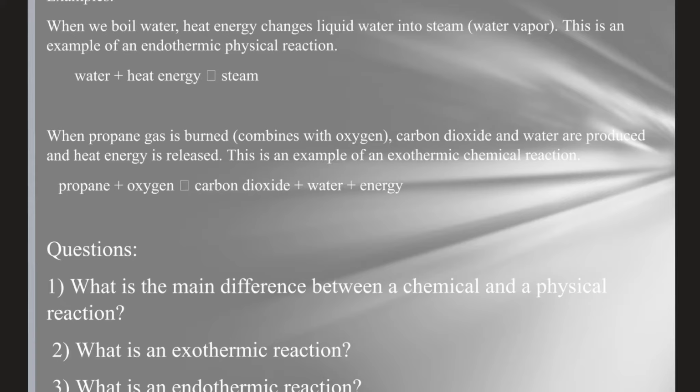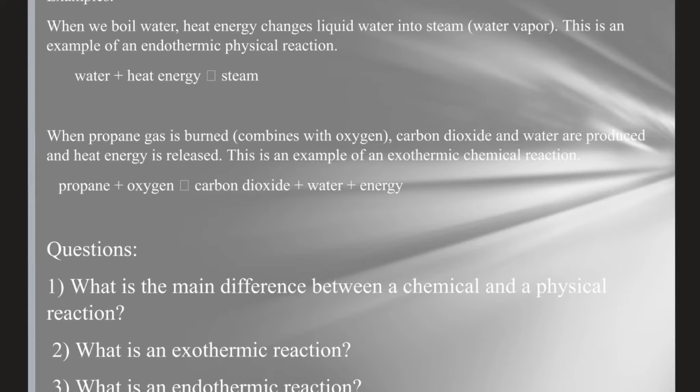Because it needs the energy, or energy is a reactant, an input, this is considered to be endothermic. Depending on what side energy is on determines whether it's an exothermic or endothermic process. Moving on to the next point.